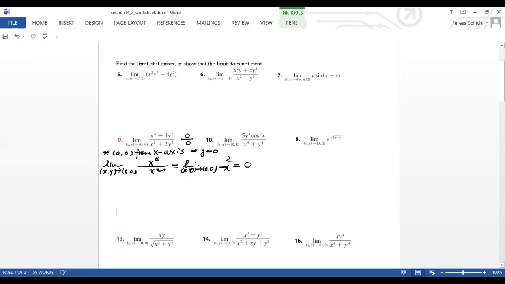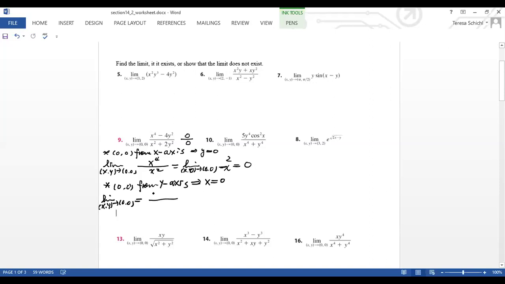How about now I approach (0,0) from the y-axis. From the y-axis, that means x equal to 0, right? So as (x,y) approaches (0,0) along the y-axis, x equal to 0.